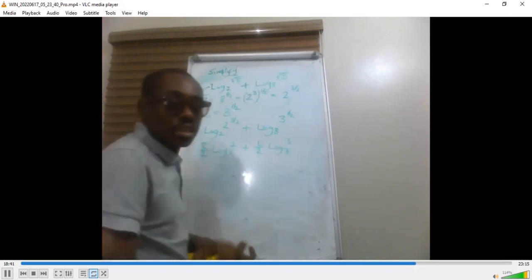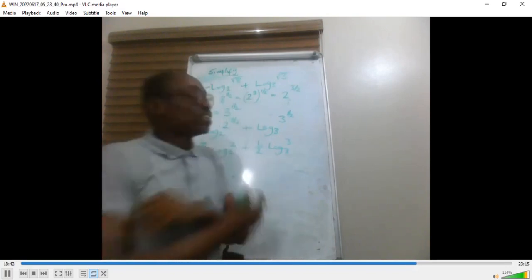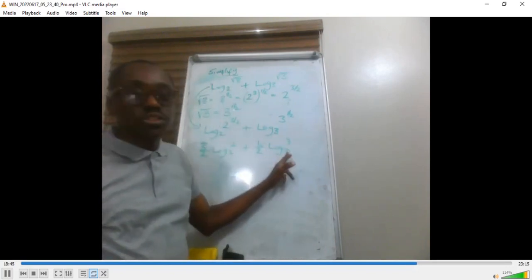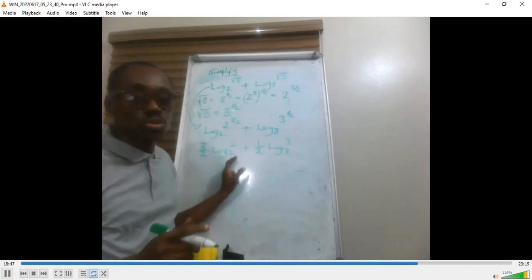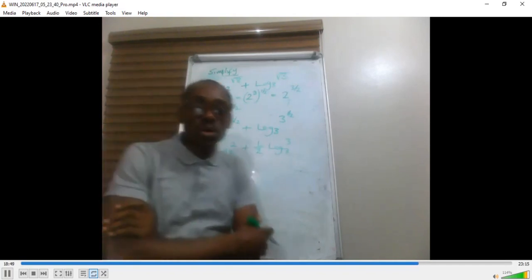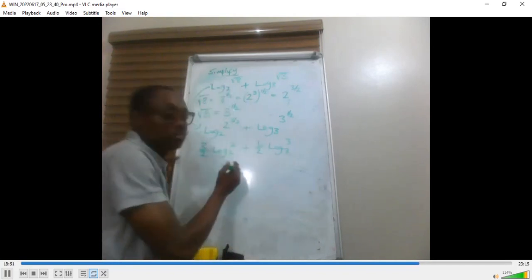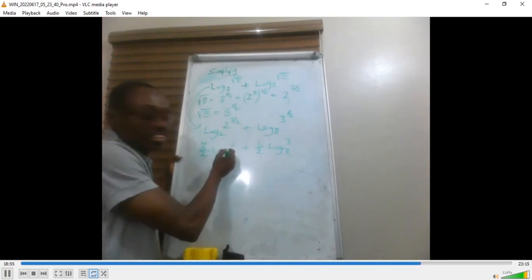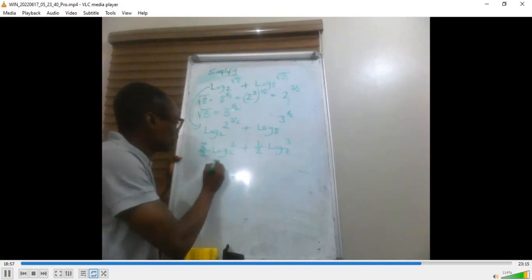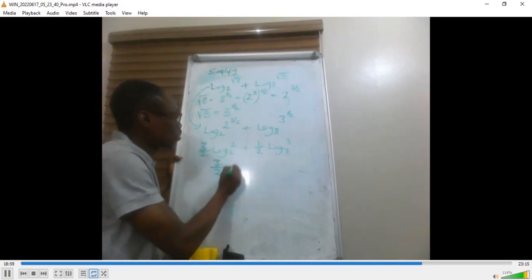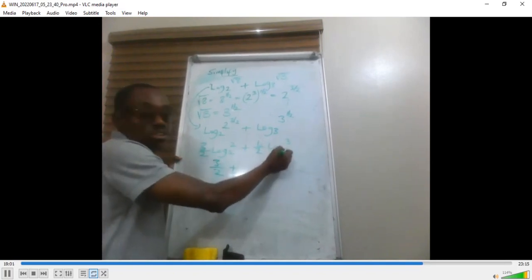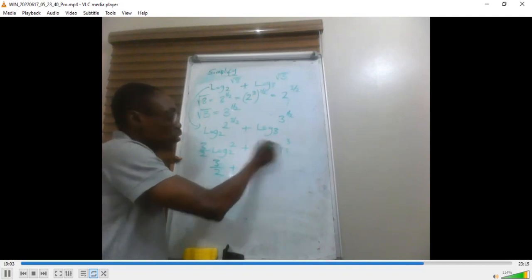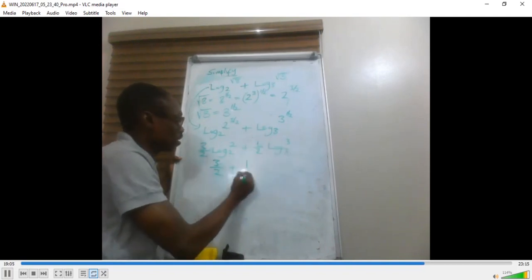So at the end of the day, log 3 base 3 is 1. Log 2 base 2 is also 1 as well. So 1 times 3 over 2 is 3 over 2, plus log 3 base 3 is 1, 1 times half is half.